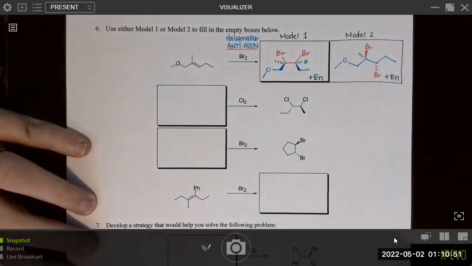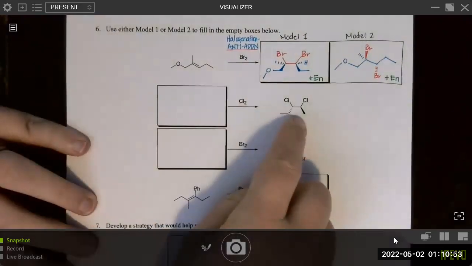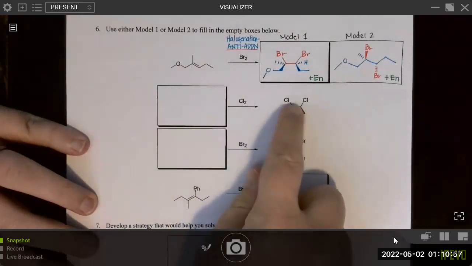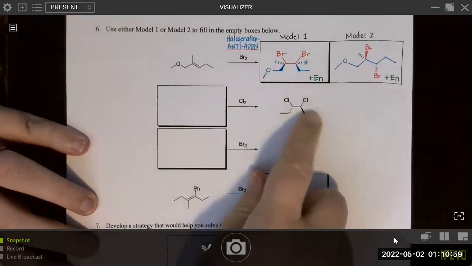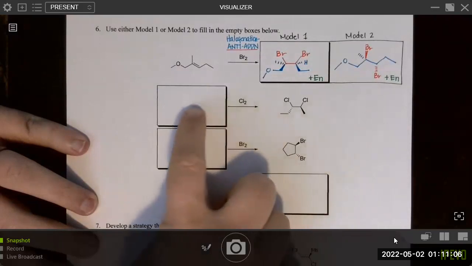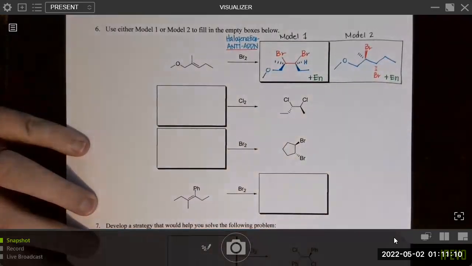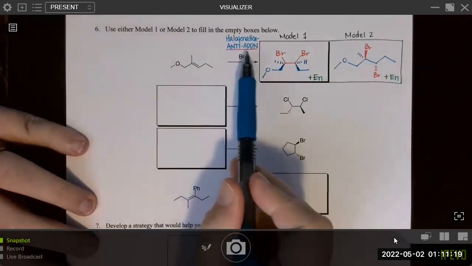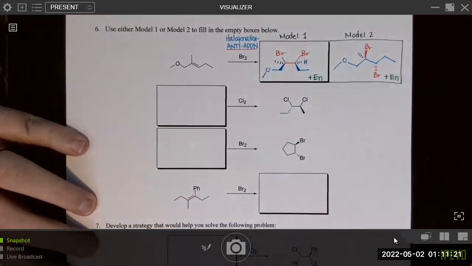Okay, so it can actually be pretty tricky going back sometimes, right? Because now we need to look at the relative positioning of these R groups, the carbon-based groups, and then figure out if I should have started with a trans or a cis alkene. Or you can think of it as an E or a Z alkene as well. Okay, so remember that fluorination is a halogenation reaction. It's going through anti-addition.